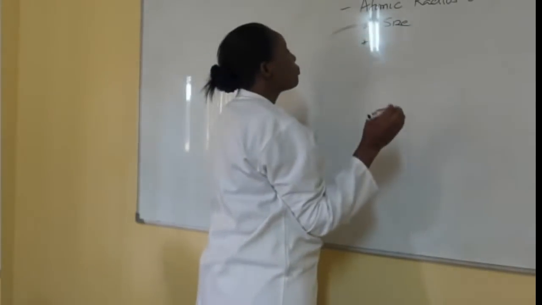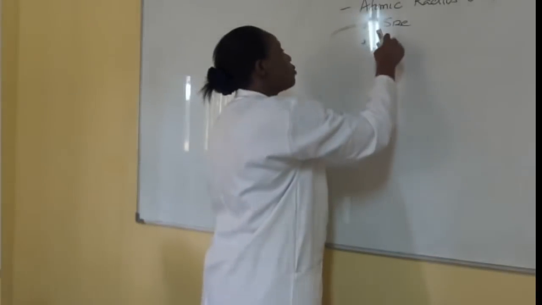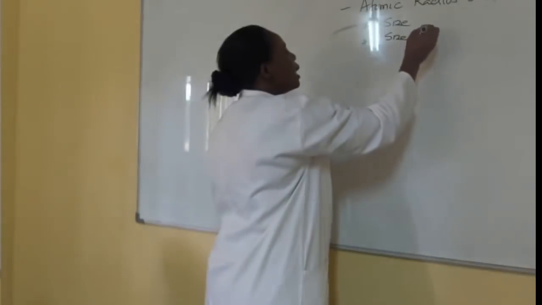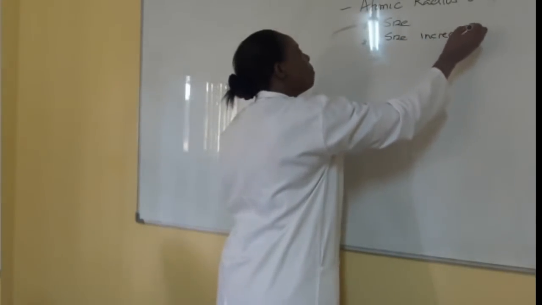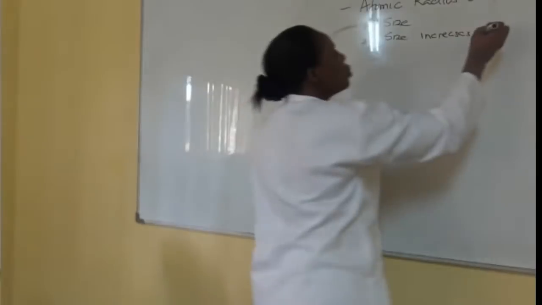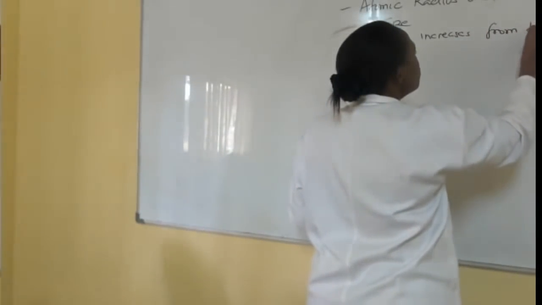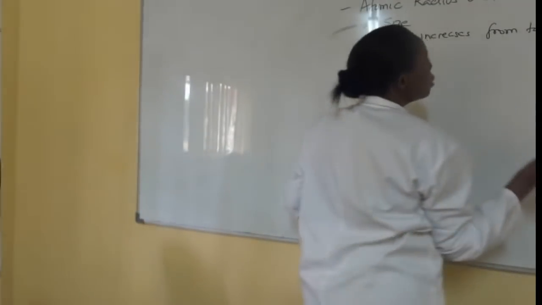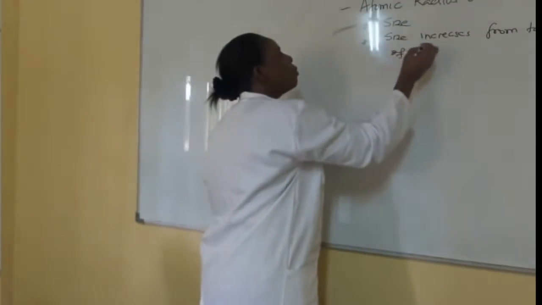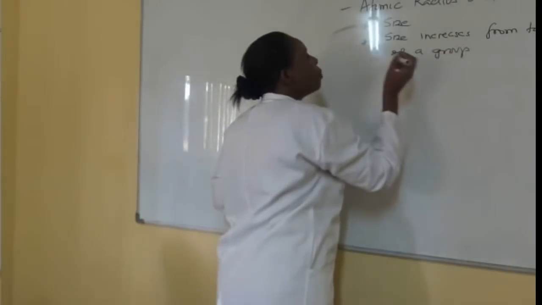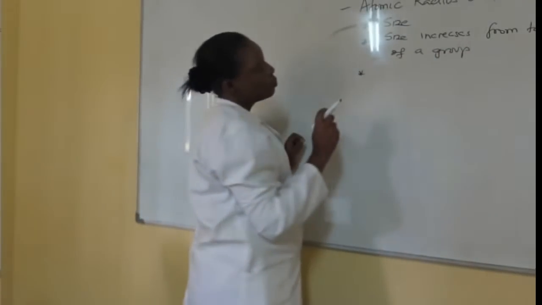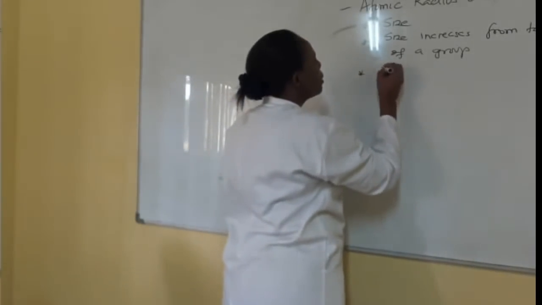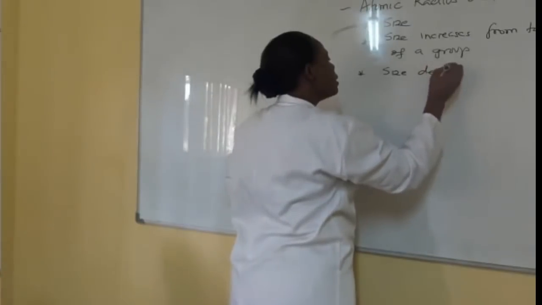The general trend from top to bottom of the group is that size increases. And across a period, size decreases.